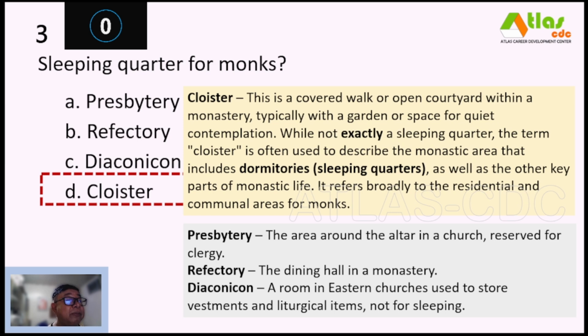It refers broadly to the residential and communal areas for monks. A presbytery is the area around the altar in a church reserved for clergy. A refectory is the dining hall in a monastery, and diaconicon is a room in Eastern churches used to store vestments and liturgical items, and not for sleeping.